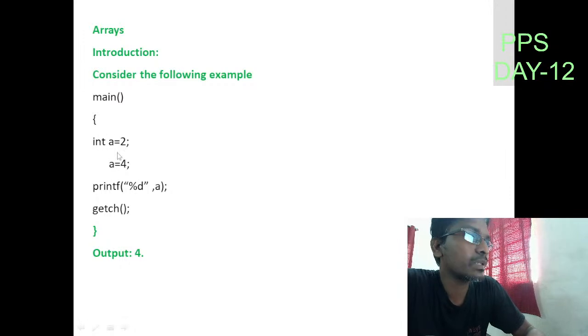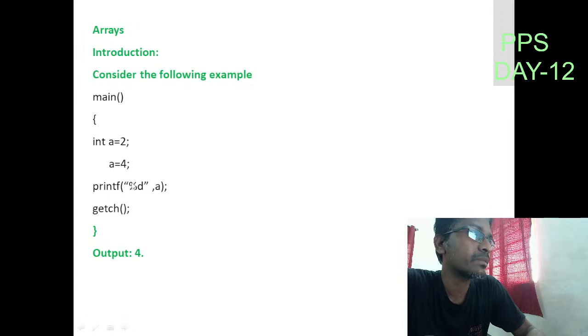In this example, I declared the variable two times, like a is equal to 2 and a is equal to 4. Then I need to print a value. If I try to print a value, the output of the above program will be 4.